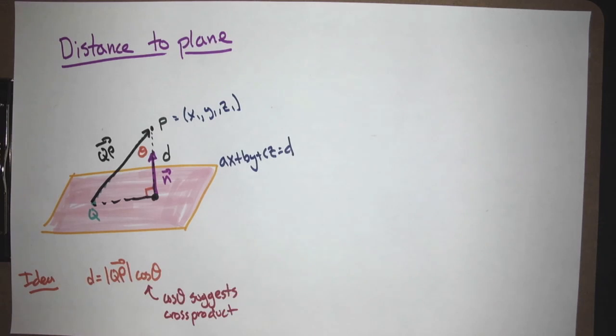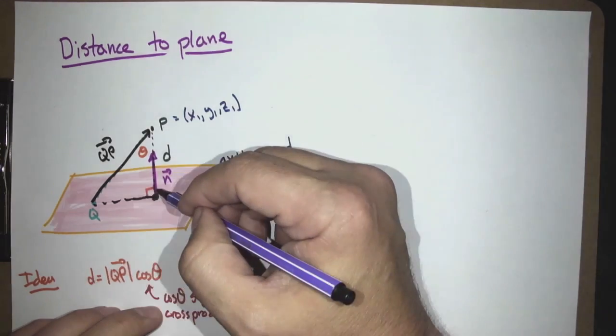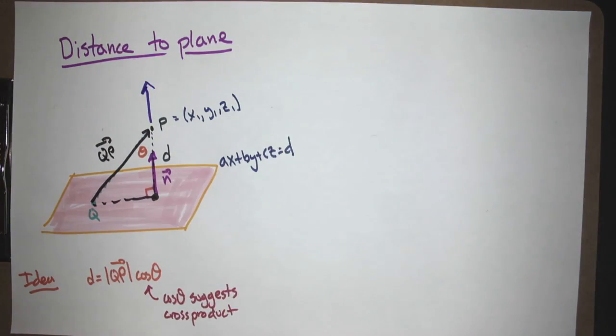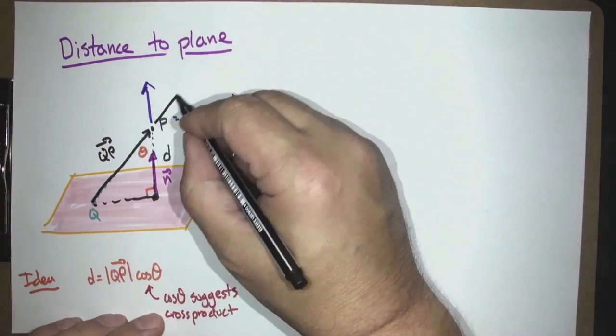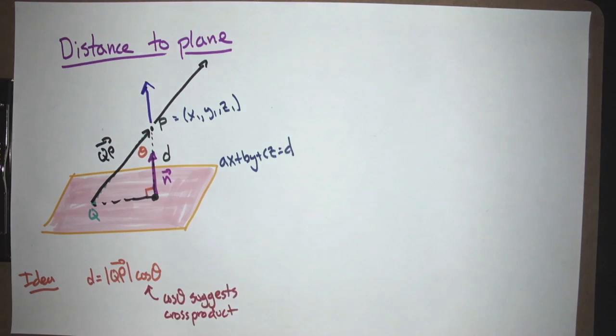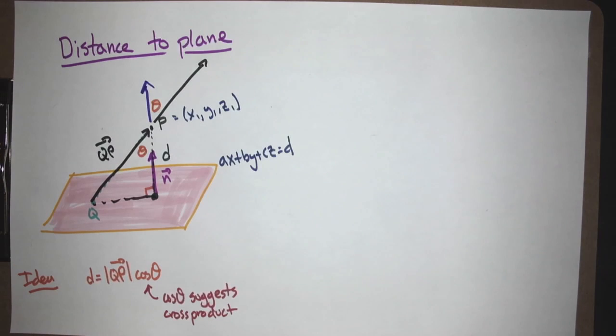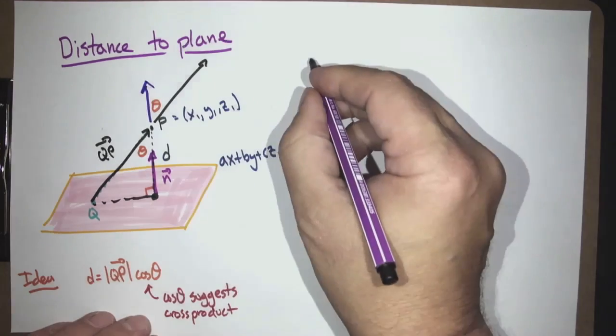Now you might say, what? But remember, vectors can be moved. So I can move the normal vector up, and I can move QP, slide it along, and you'll see that, lo and behold, this angle theta really is the angle. Well, so the distance is the magnitude of QP times cosine theta. Cosine, that's a dot product. You're right, it is a dot product.